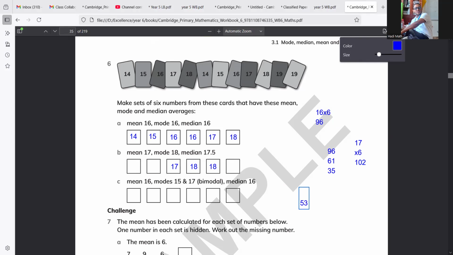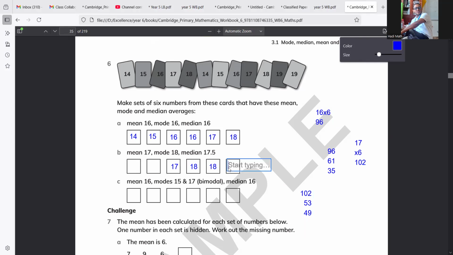We say 102 minus 53, that's equal to 49. So the rest we need is 49.